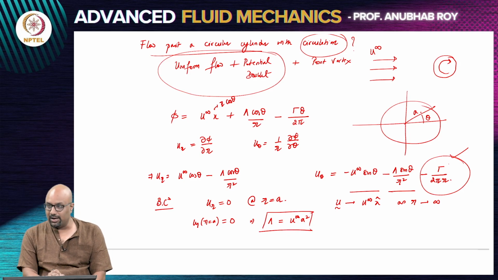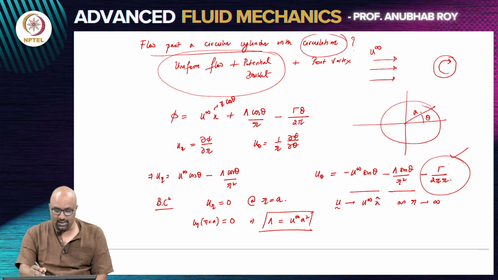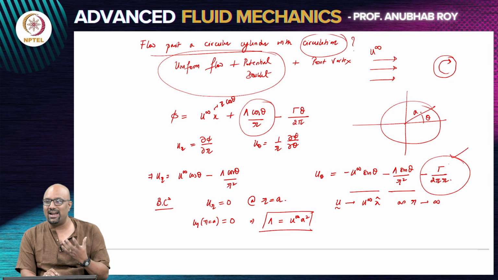The strength of the potential dipole is the same irrespective of the circulation that you have added, because the strength of the potential dipole actually comes about from your no penetration boundary condition on the surface of the cylinder. So, you can think of the potential dipole as basically capturing effects of finiteness of the object. The fact that there is an object of a given size a, that is actually captured by this potential dipole.